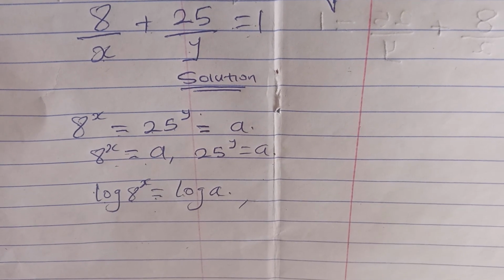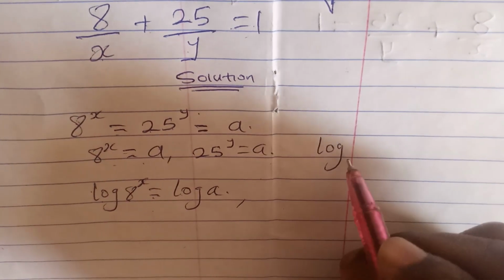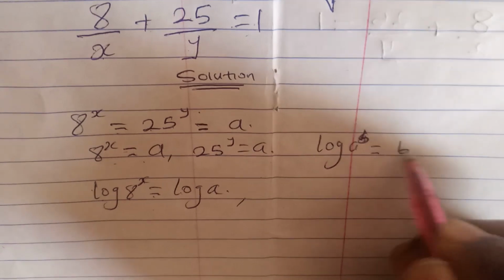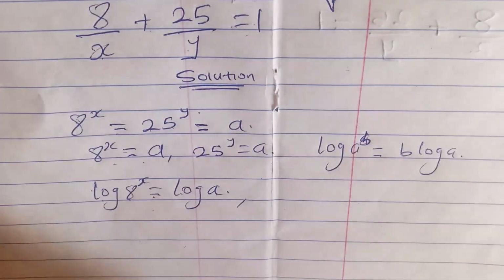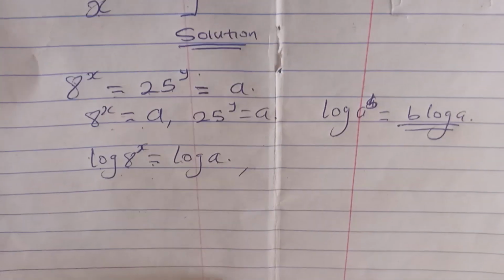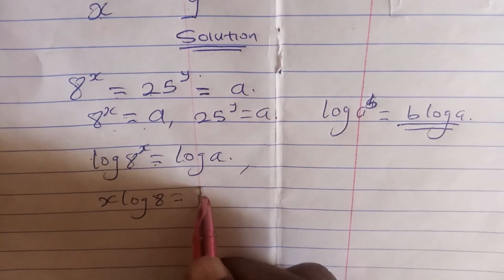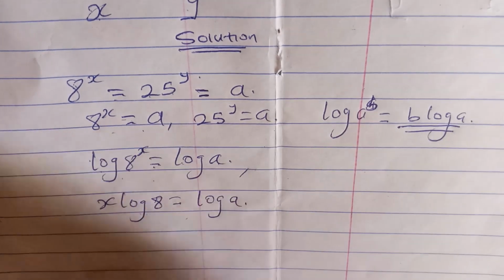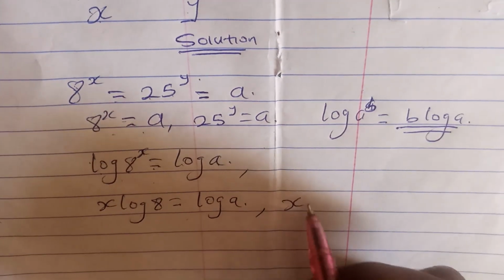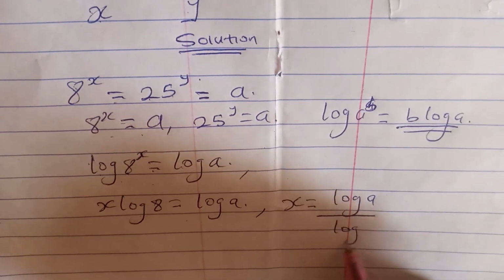Recall, if you have log a to the power of b, it is equal to b log a. If we apply this rule here, we simply have x log 8 is equal to log a. Therefore our x becomes log a over log 8.